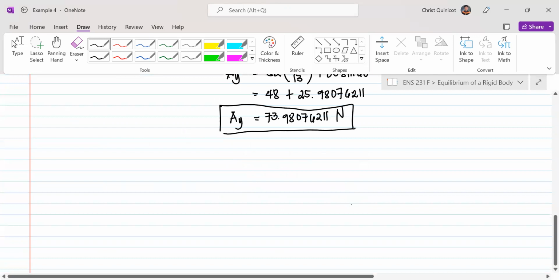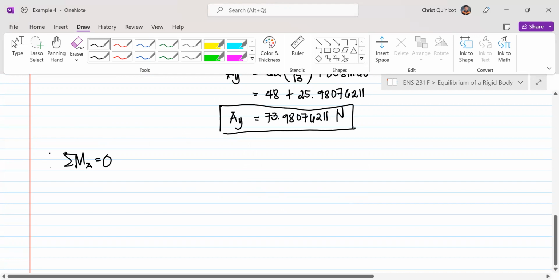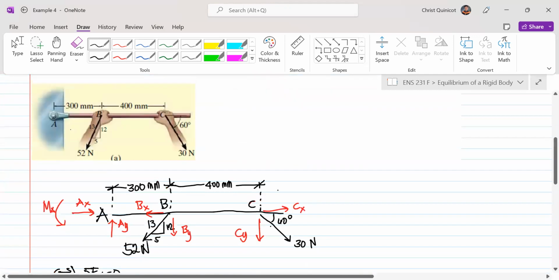Now it says here in the problem that it did not move, it did not budge. So it means that the moment is equal to 0, assuming counterclockwise positive. Since B sub y and C sub y are going down, from point A they create a clockwise moment about point A. To resist that clockwise moment, we must have a counterclockwise moment at A with the same magnitude.